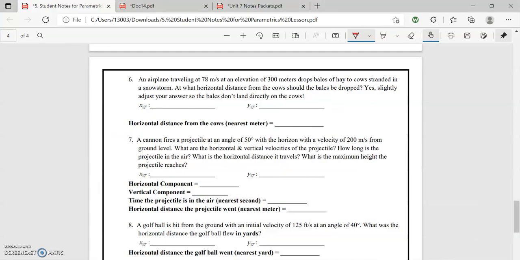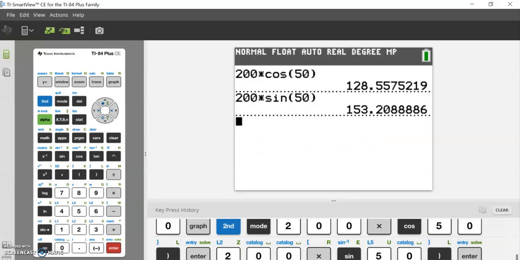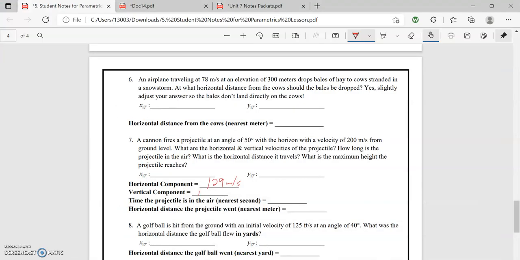That's 129 meters per second horizontal, and vertical 153 meters per second. So that's just breaking down 200 meters per second: going at 50 degrees, the x component and the y component are what you're actually experiencing.